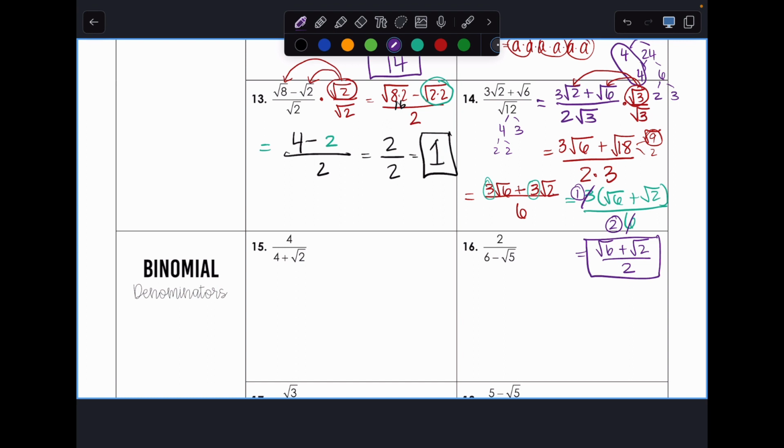It is not an opposite. It's a conjugate because it's just the last term that turns into the opposite sign of that, right? Just the last term, not the first term, okay? So if I have a conjugate, step 1, for binomial denominators, you're going to multiply numerator and denominator by the conjugate of the denominator.